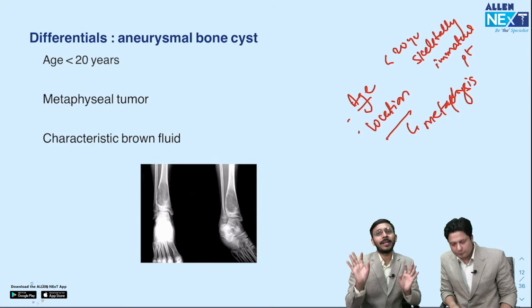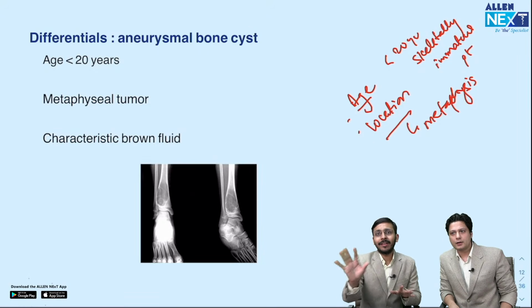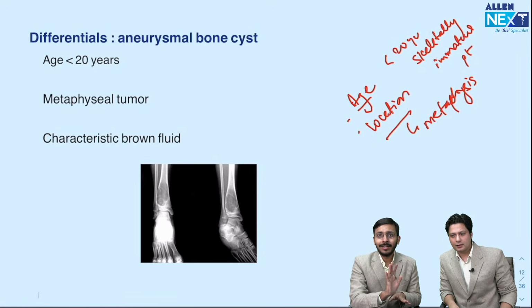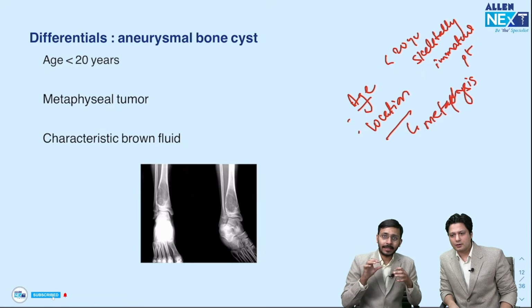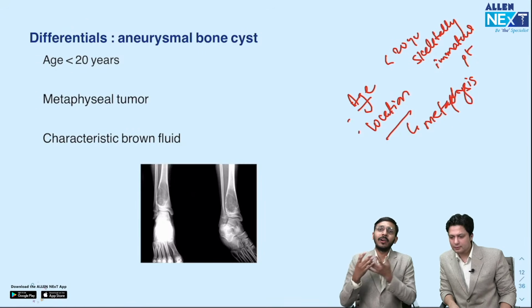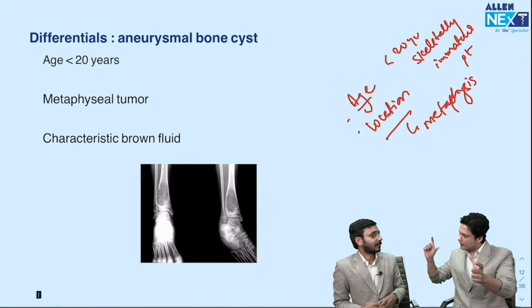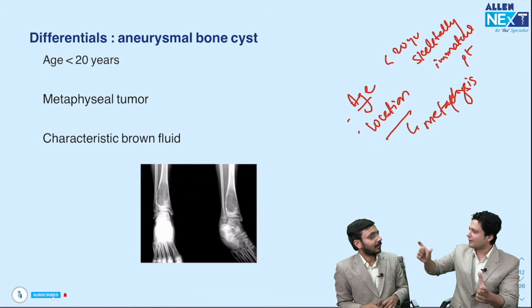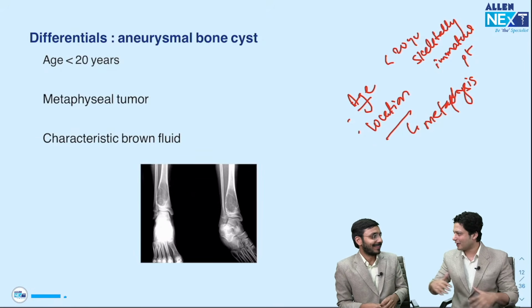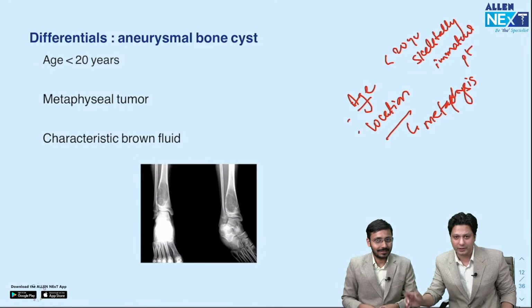They'll directly give you an X-ray. So it is up to you to identify whether it is a soap bubble or a honeycomb. But remember the characteristics of the lesion, which favor either a GCT or an aneurysmal bone cyst. So you are saying that the approach is more important than correlating it with soap bubble or honeycomb. Absolutely, sir. That's what the approach for identification is, more important. Very well said, sir.